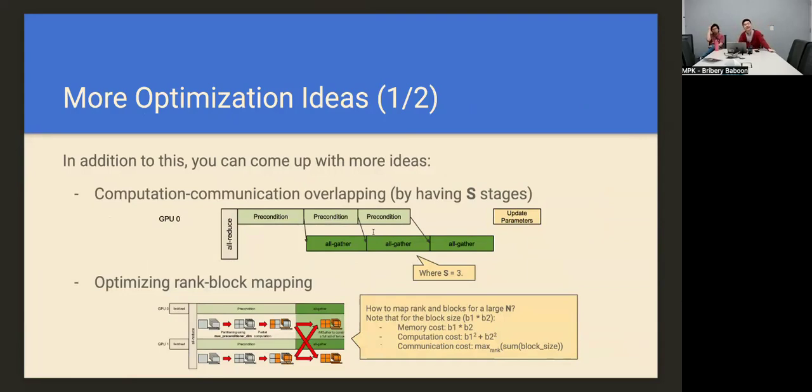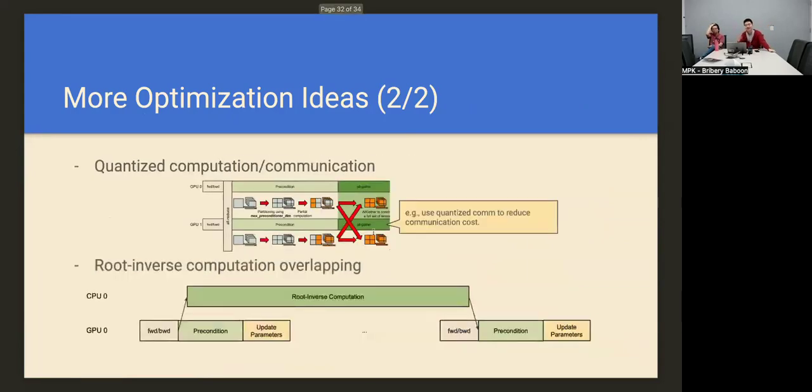This is also something that we need to think about. Also, you can think about quantized communication or computation. Everyone likes quantization. We would like to introduce quantization, maybe for Shampoo too. Or maybe we can run root inverse computation on the host side, and then use that computed data after 10,000 iterations or something. That's another thing. We can offload the task to the host or different devices.